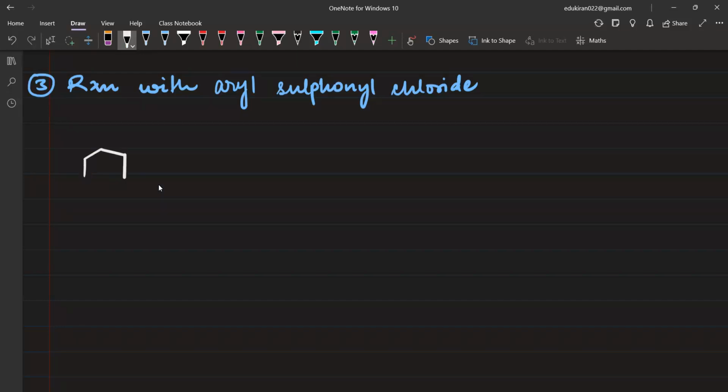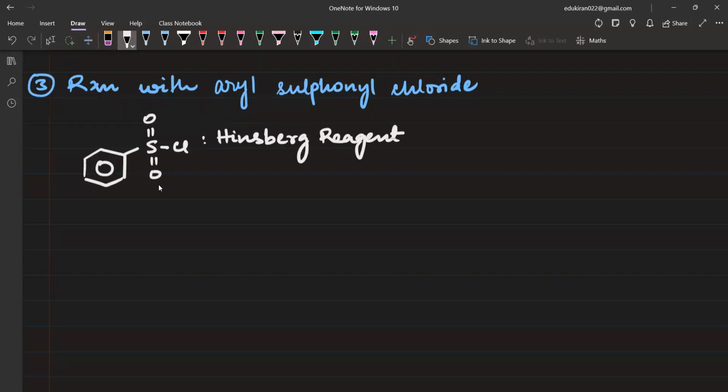You have a benzene ring, which has sulfur doubly bonded with O, doubly bonded with O, and Cl. This is also known as Hinsberg reagent. How will we write it? I will write it as PhSO2Cl, with sulfur double bond O, double bond O and Cl.